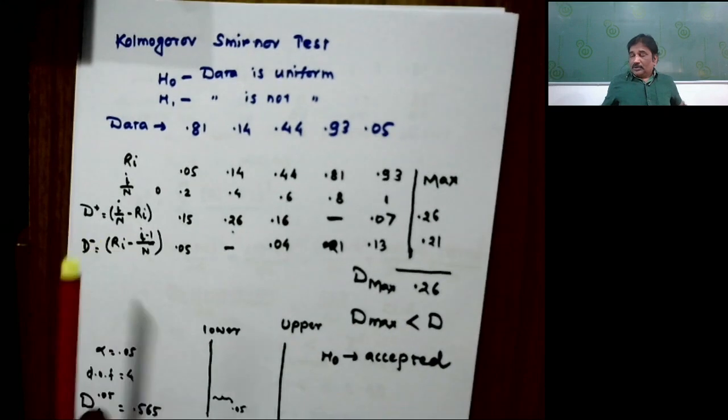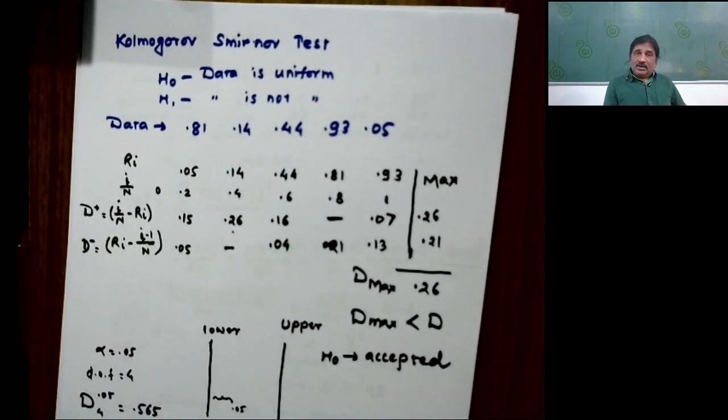Now, if the data is following uniform distribution, then the data must lie in equal windows or equal baskets.